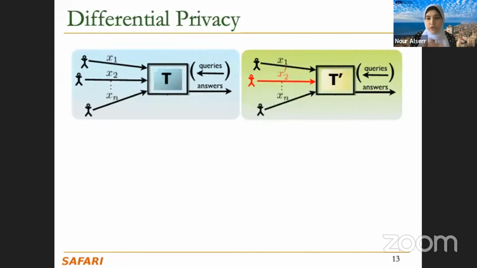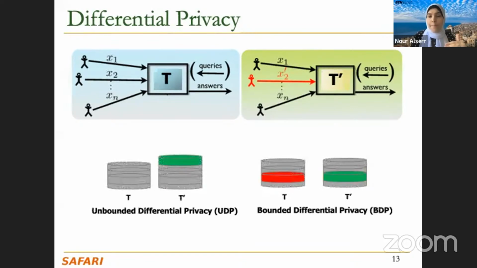Let me give you more technical details about it. Again, imagine that we have two data sets, which we call neighboring data sets. These two data sets differ in one row. Based on the differences, we have two types. If they are the same size, but they differ in the content of one row, we call it bounded differential privacy.